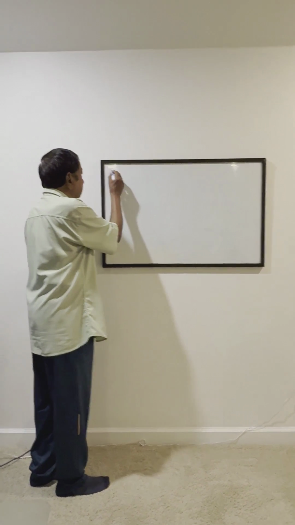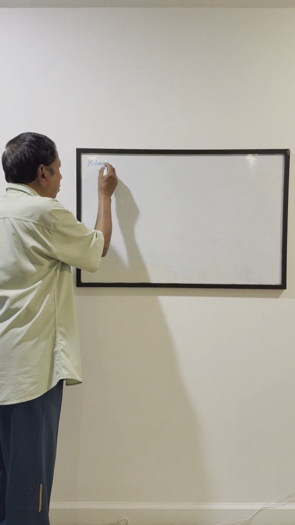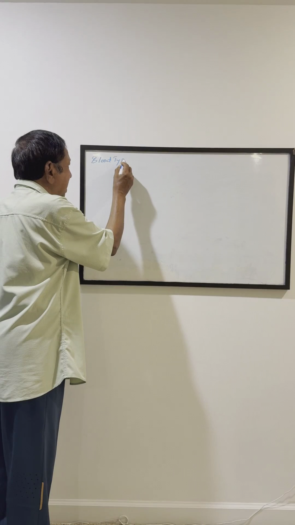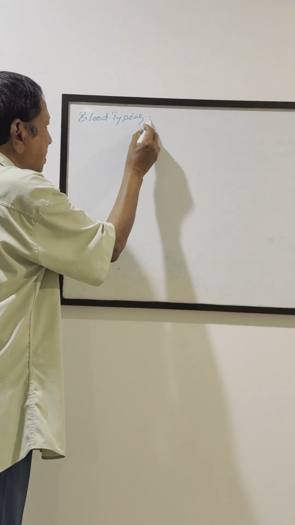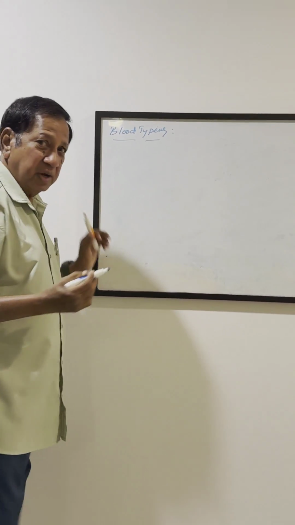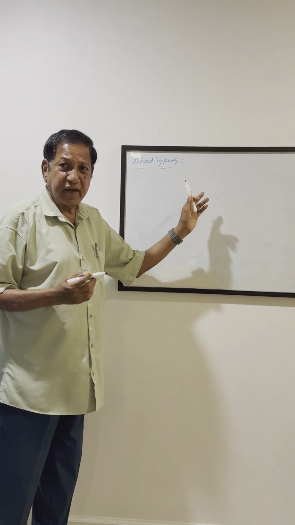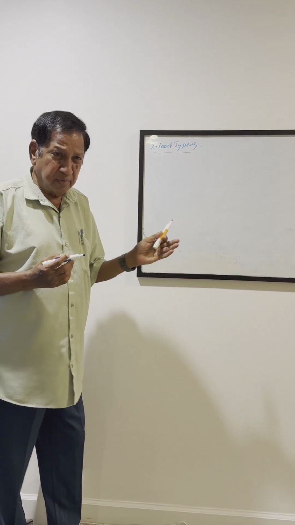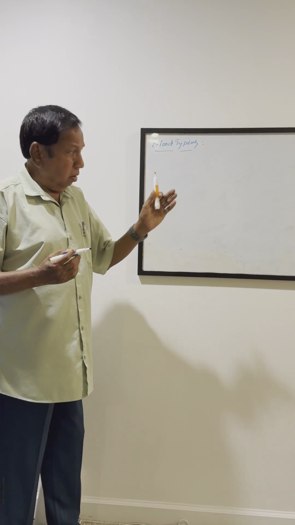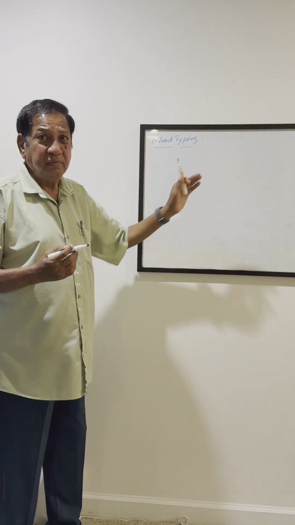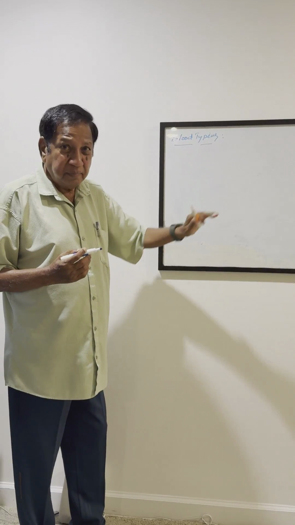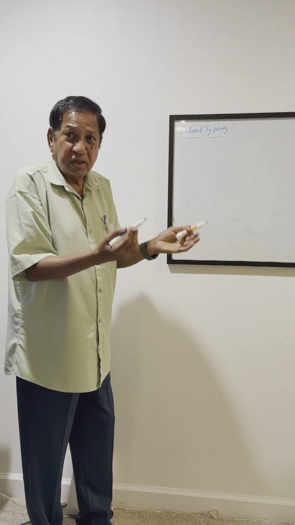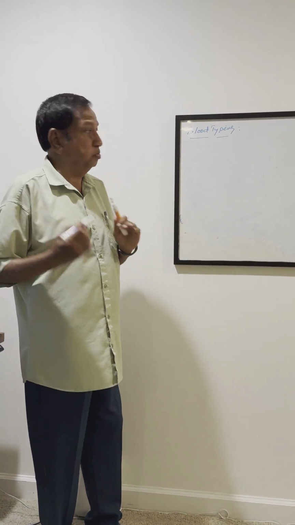Blood typing. How is the blood group assigned, whether the person is A group or B group? I told you that there is a specific antigen and antibody, which in other terms are referred to as agglutinogen and agglutinin. Agglutinogen is antigen, agglutinin is antibody.